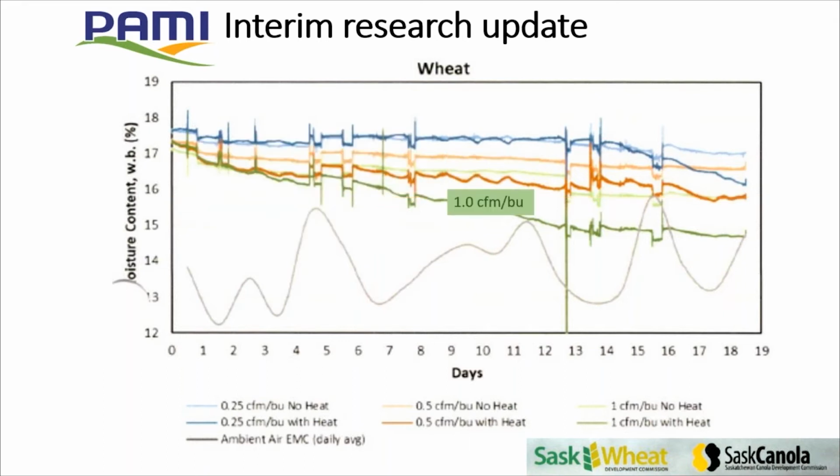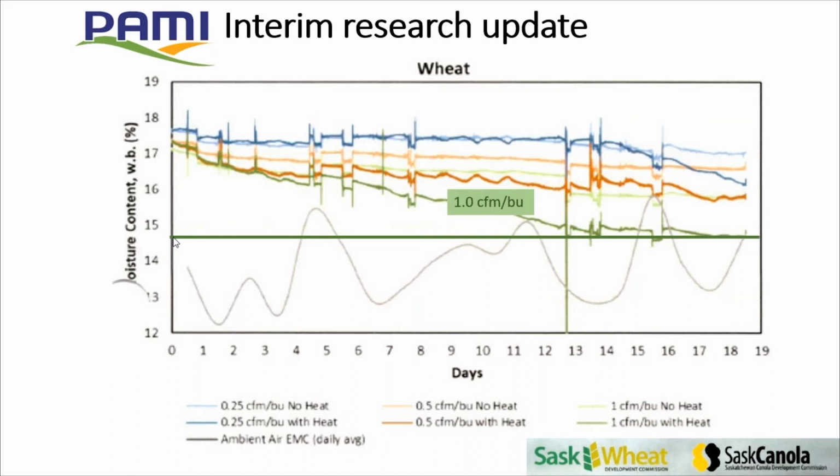And the last trial was 1 CFM per bushel. And again, it just is a step change of increased water removal with supplemental heat. This dark green line is significantly lower. The light green line isn't as aggressive, so you can see how the supplemental heat is helping. And now we're at about 14.5.